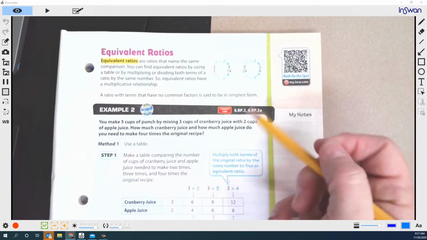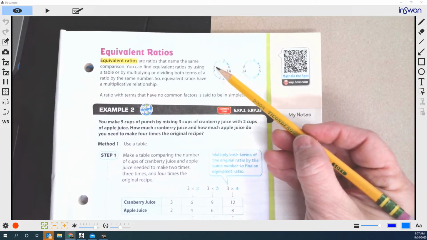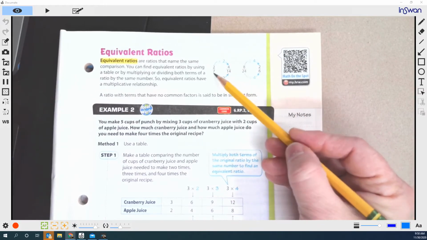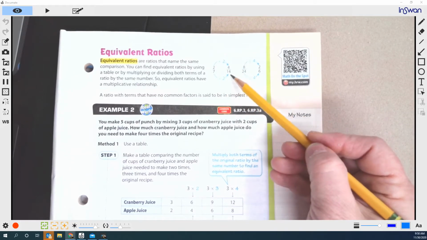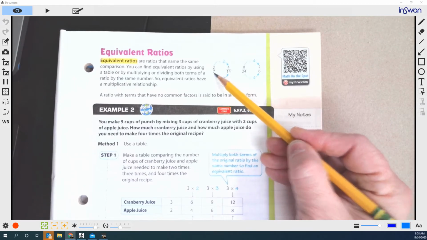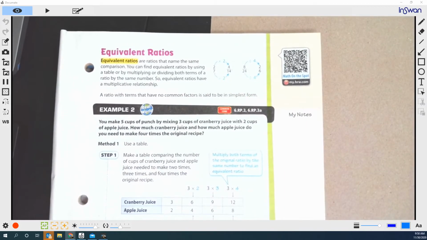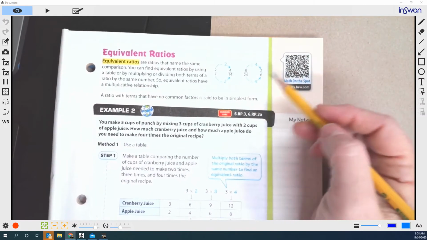So for the ratio of 2/7, if I multiply both the top and the bottom by 2, I get 4/14. And actually that can be reduced to 2/7 if we divide the top and the bottom by the same multiplicative value.